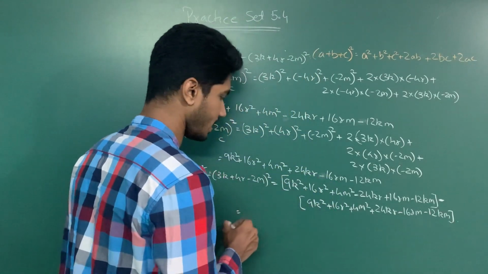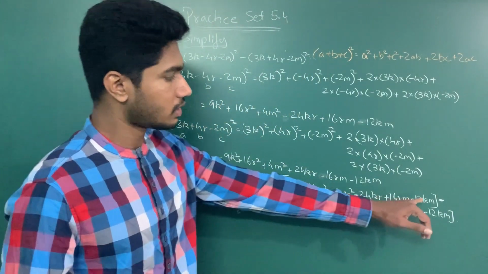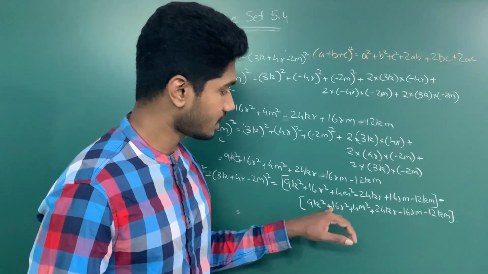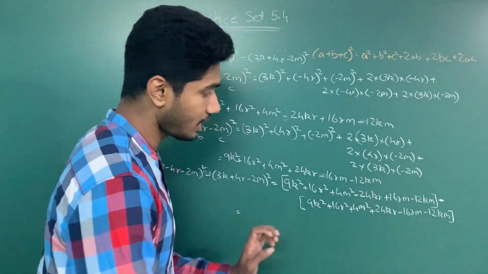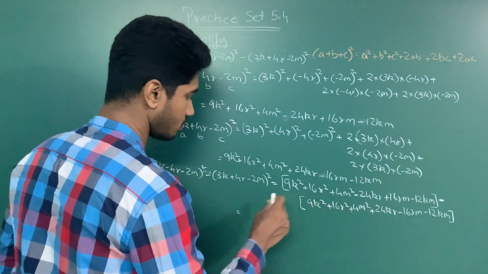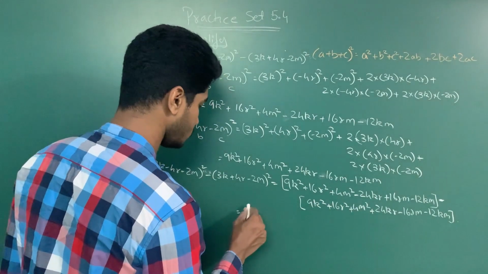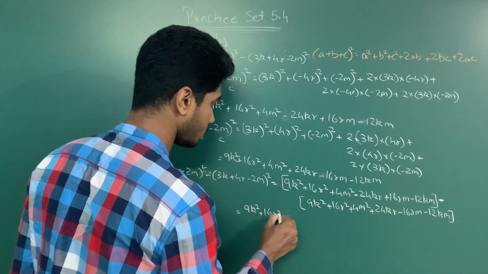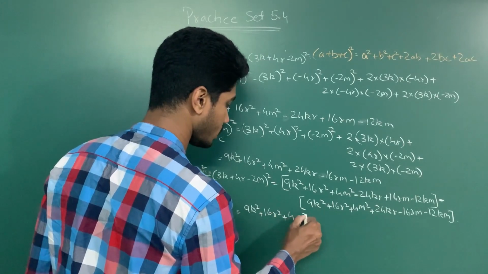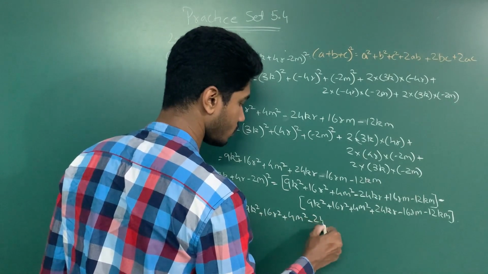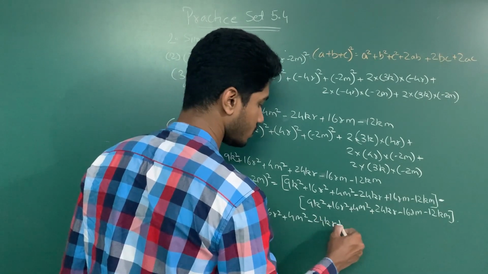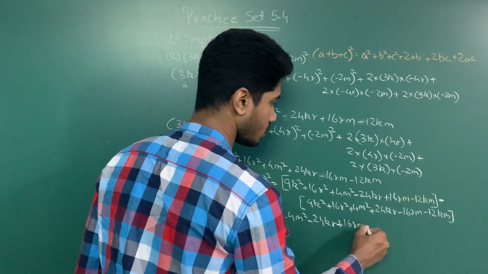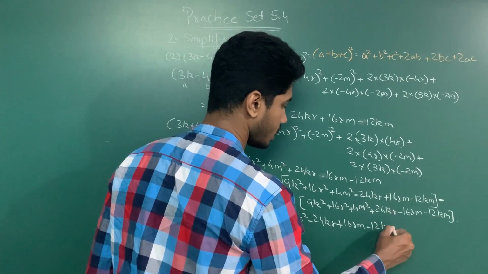So when you open the bracket, this minus sign will go inside this bracket and the sign will get changed. We'll write the result with the sign change. So this will be 9k square, 16r square plus 4m square minus 24kr plus 16rm minus 12km.